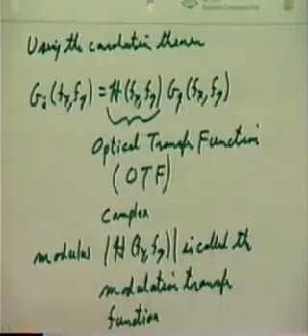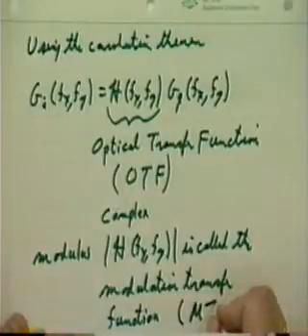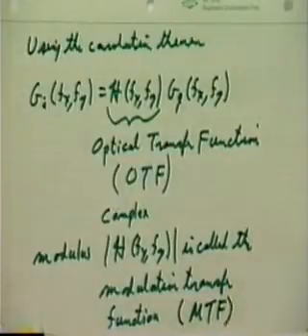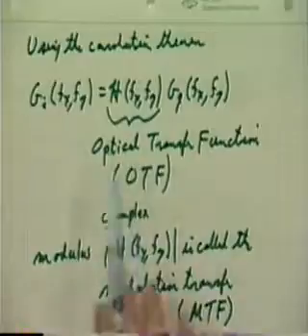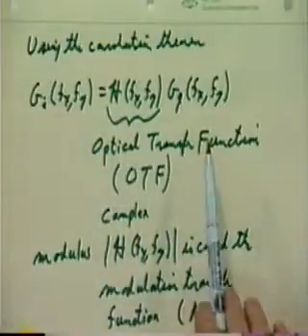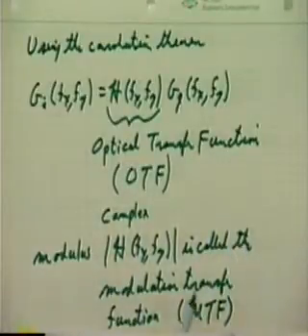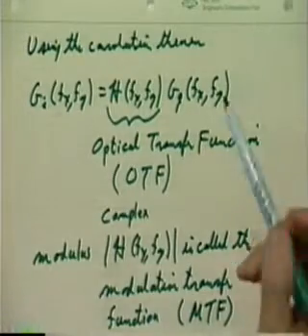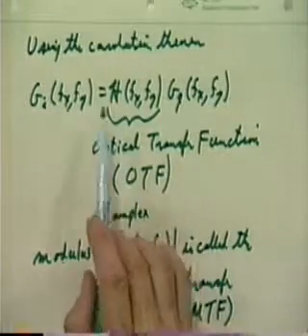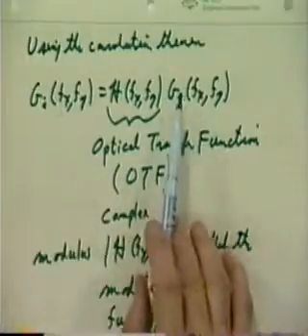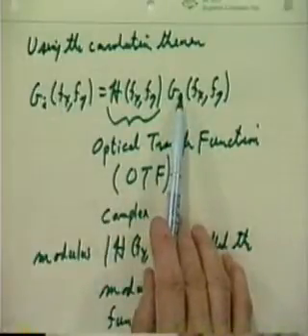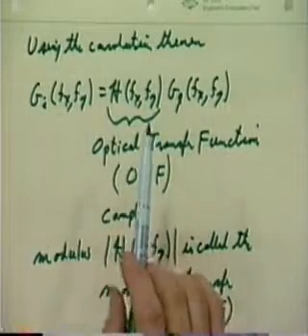And we then call that MTF for short. So the MTF is the modulus of the optical transfer function, and then there's some phase associated with the transfer function too. Okay. So this relates the spatial frequency content in the image with the spatial frequency content in the perfect geometrical image.